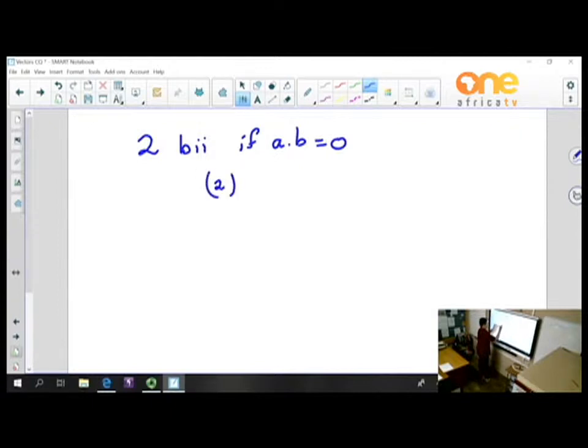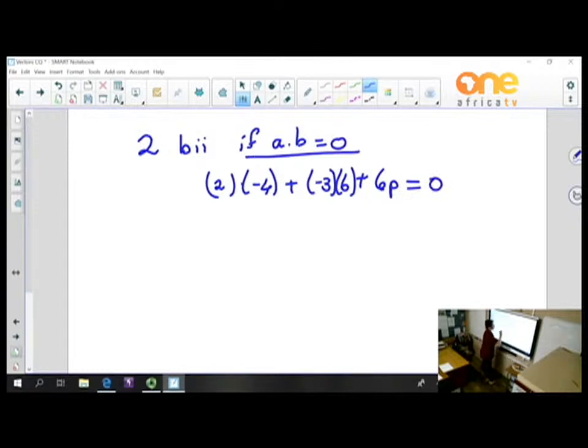So 2 times negative 4 plus negative 3 times 6, ii plus jj plus kk, plus 6P must be equal to 0. Then we can find the value of P. They are perpendicular if A dot B is equal to 0. And the answer is P is equal to 4 1/3. Right, now question 3, B3.